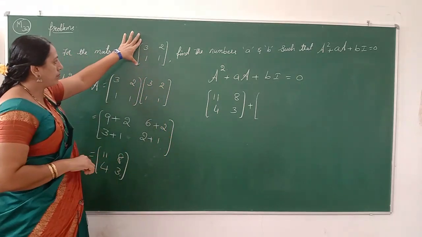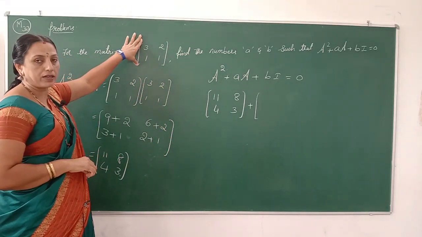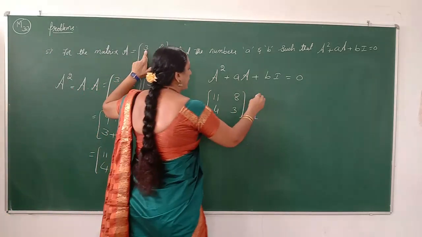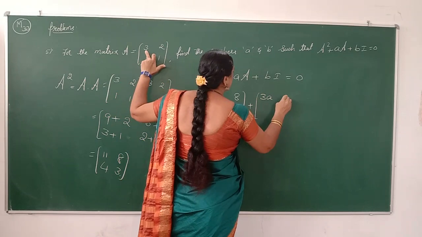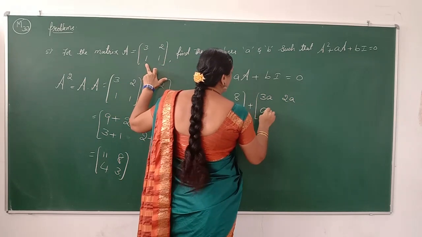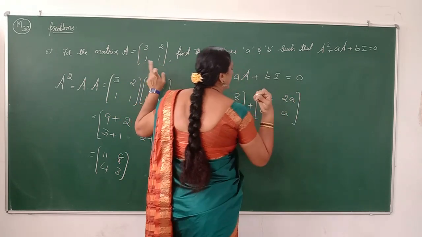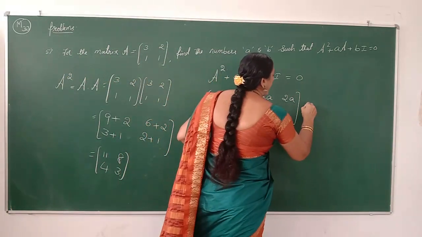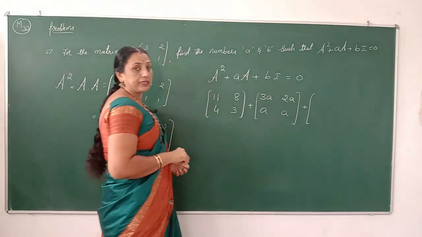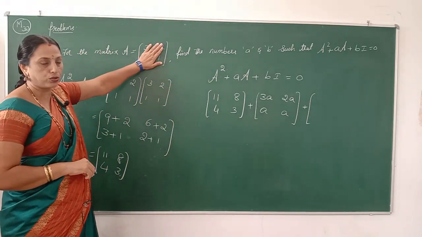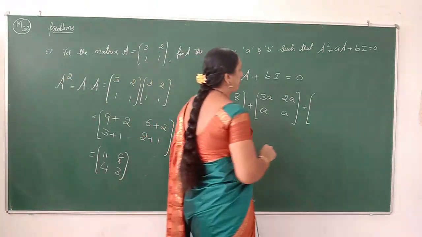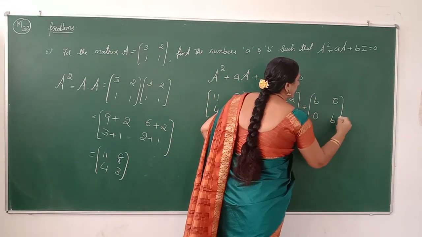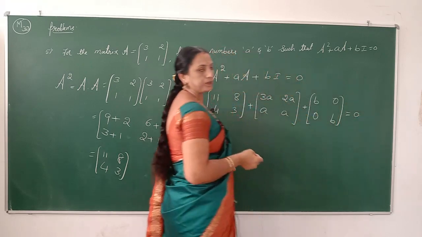So a into A means all the elements of the matrix A are multiplied by small a. After that multiplication, these elements are 3a, 2a, 1 into a is a, again 1 into a is a, plus b into I, where I is an identity matrix of order 2 cross 2, after b is multiplied, that is b, 0, 0, b. It will be equal to 0.